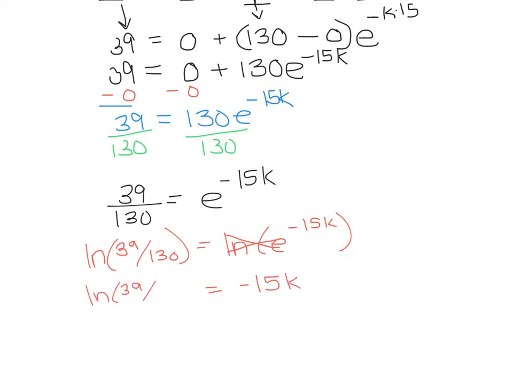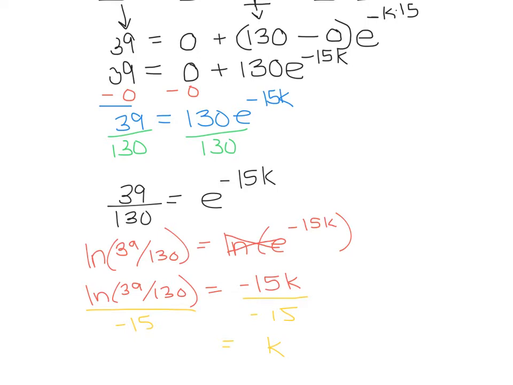So to figure out what the k value is, you would need to take each side of the equation and divide it by negative 15, and that's going to give you your k. So in this problem, k equals whatever this decimal is going to be. Now you're going to have to type that in your calculator. So in my calculator, I am going to hit my natural log button.